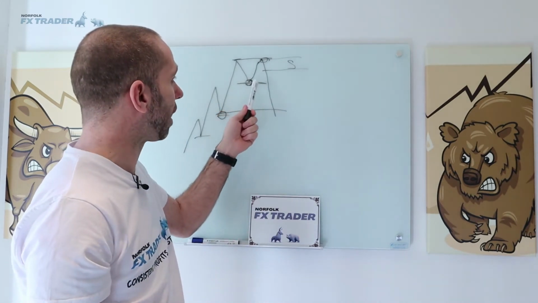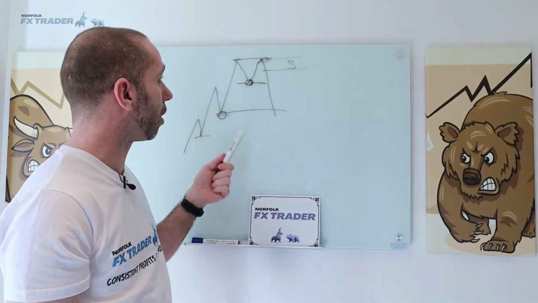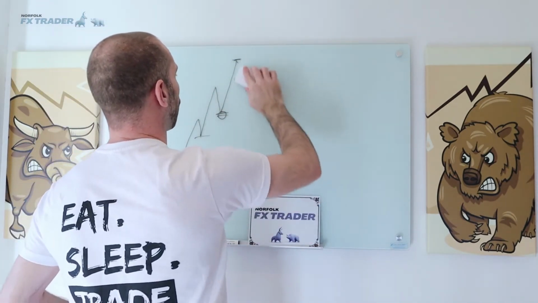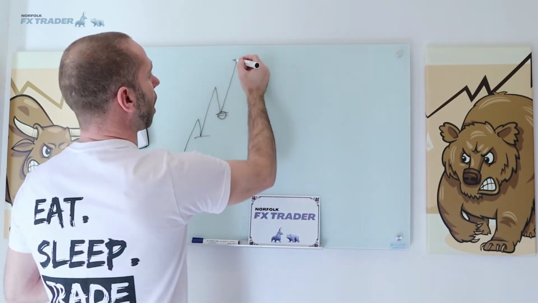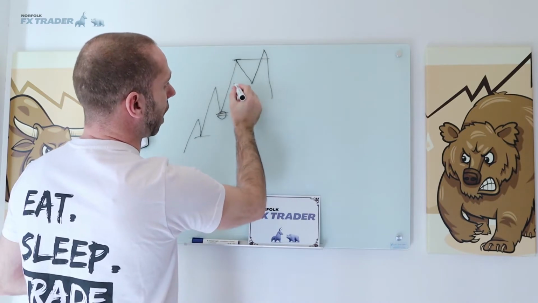It's not valid until we break this low. The only time this is going to be valid, and let me quickly draw that once again, is if the market was to do this and break that high, then drop out. This is a valid double top. More on that in future videos as well.